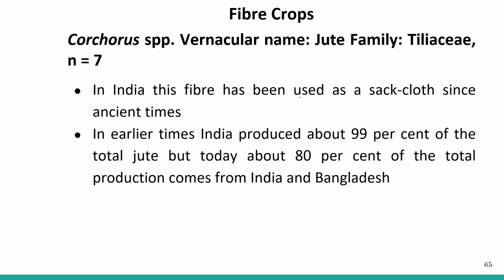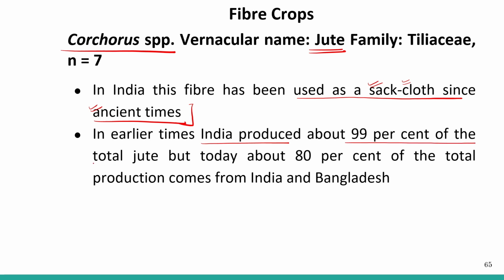In India, the fiber has been used as sackcloth since ancient times. So from ancient times, this particular jute has been taken out from the Corchorus species and is used for making sacks. In earlier times, India produced about 99% of the total jute.